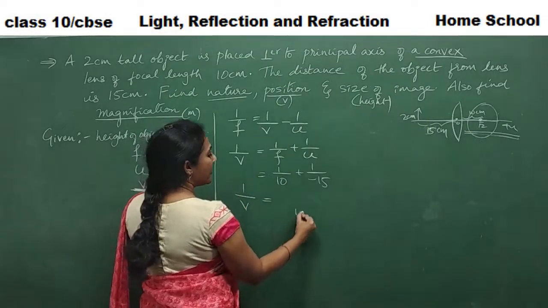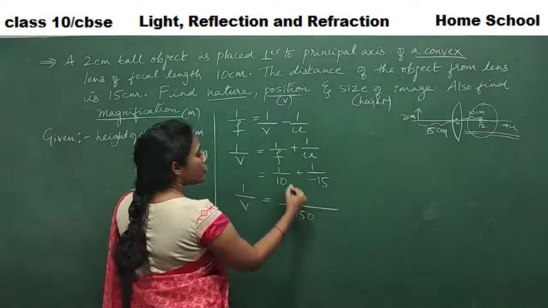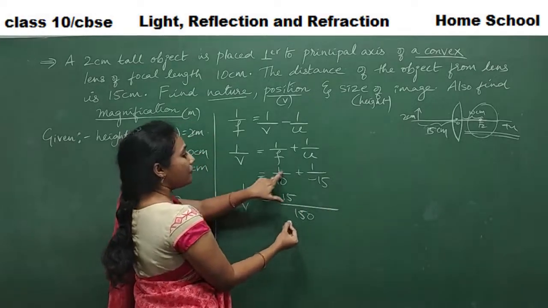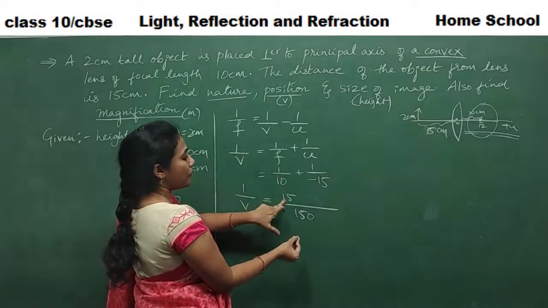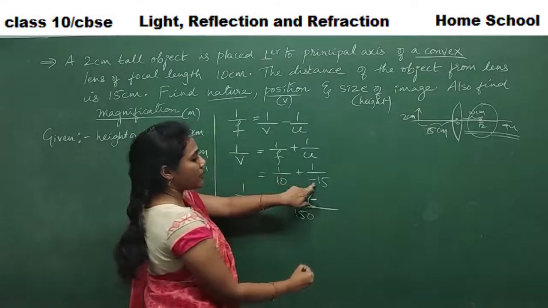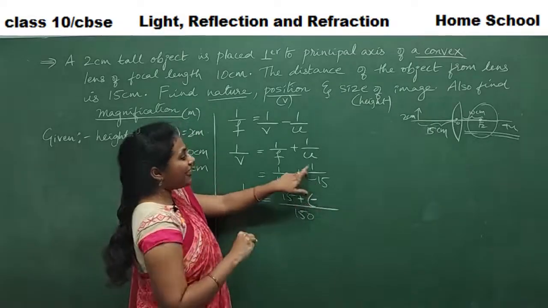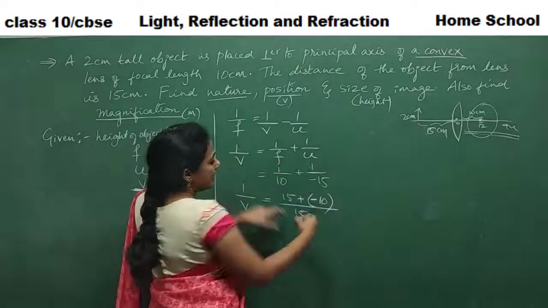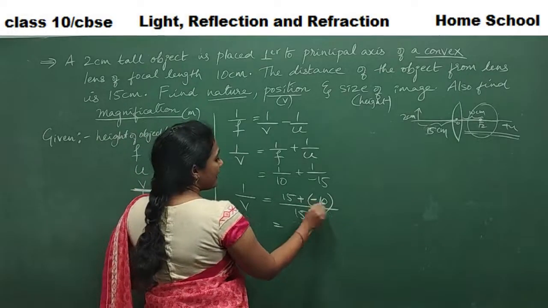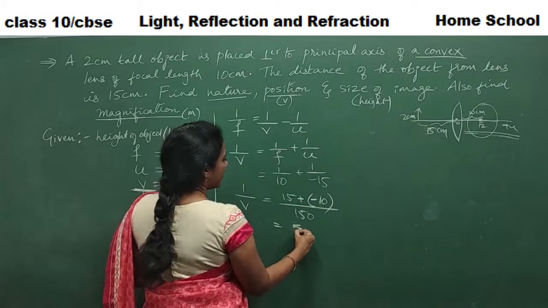So how do you calculate, guys? 10 into 15, 150. So 10 15s are 150. So 15 I'll put here. This plus sign becomes minus, because here minus is there. 15 10s are 150. So plus 15 minus 10, that is 5.